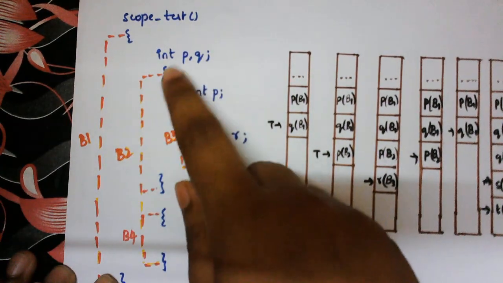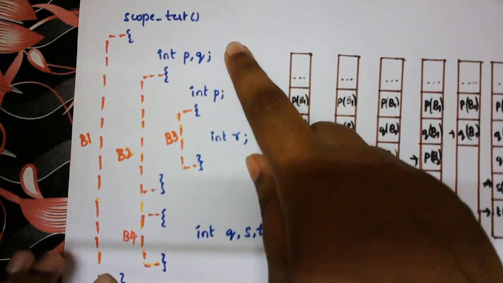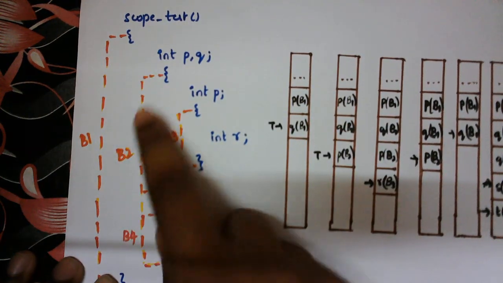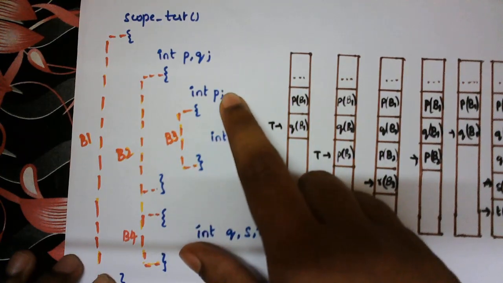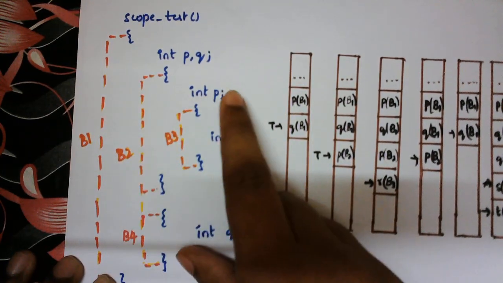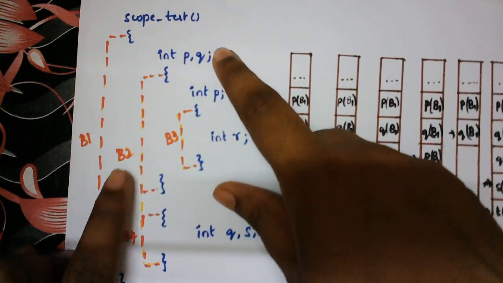P and Q are outside of this open brace, so P and Q are non-local names for B2. After opening the brace of B2 we are declaring P. So P is a local variable for B2 and P and Q are non-local variables for B2.